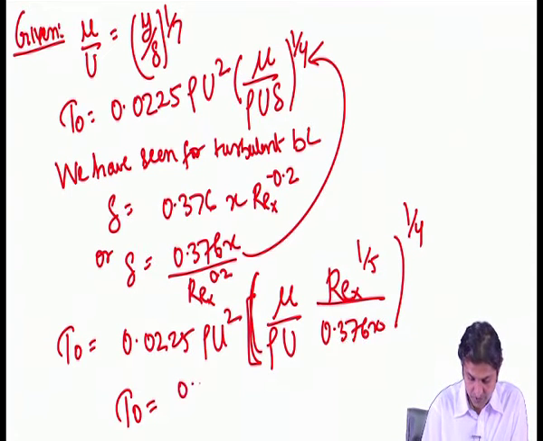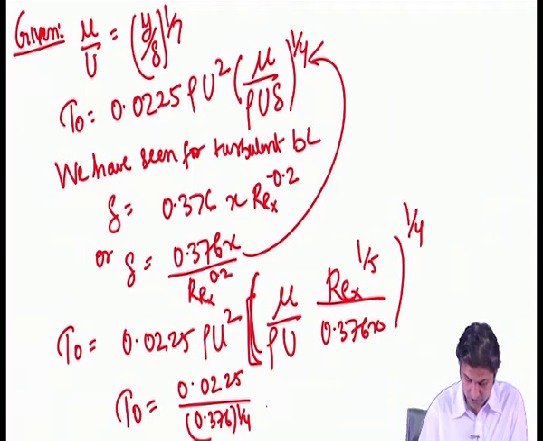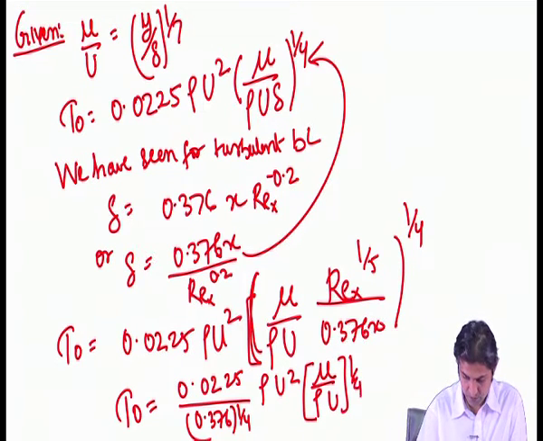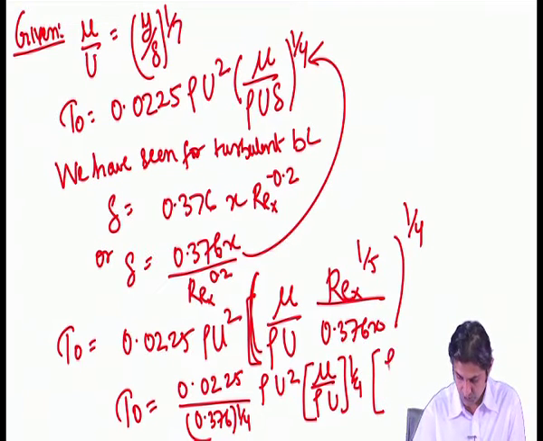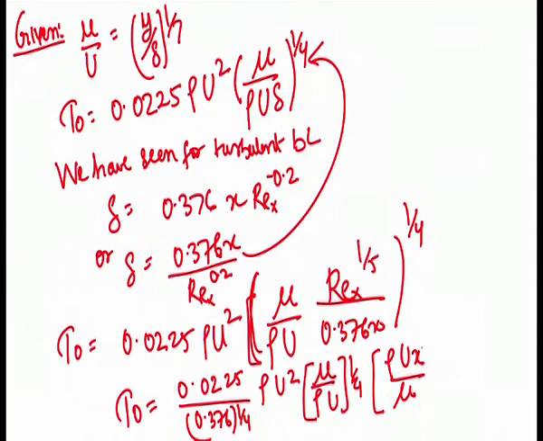So, this will become 0.0225 divided by 0.376 to the power 1 by 4, rho capital U square, mu by rho U to the power 1 by 4, into rho U x by mu to the power 1 by 5, to the power 1 by 4 into 1 over x to the power 1 by 4, okay.